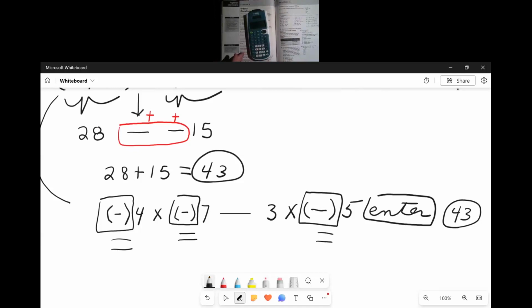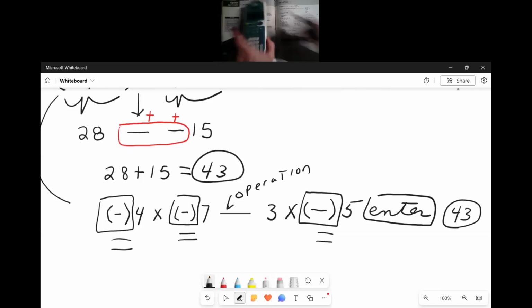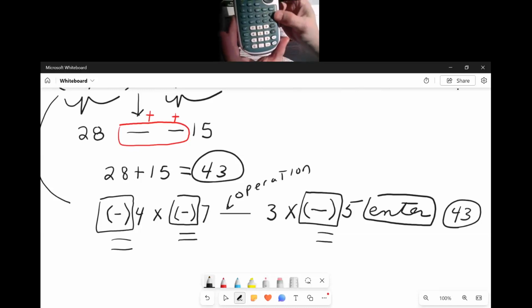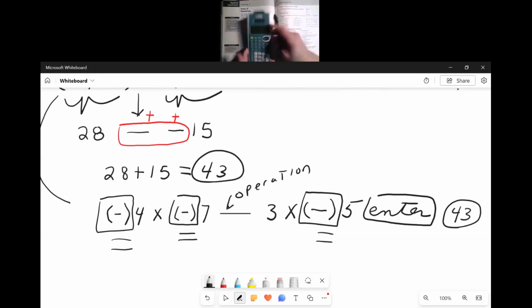And this is going to be the operation of minus, over here on the right side, right where my thumb is. That's the operation subtraction. Okay, hopefully you got that understood.